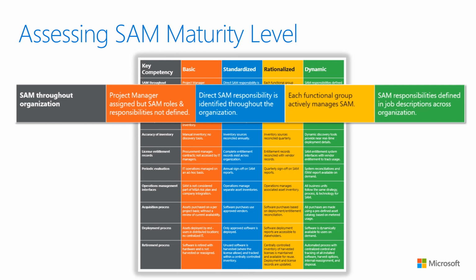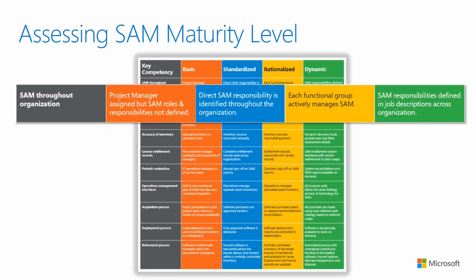Asking the key questions and using this table means that a partner can assess an organisation's SAM maturity for each of the competencies. If there is a mixture of basic and standardised levels identified, the first priority should be to take the competencies at the basic level to the standardised level. Part of the final deliverables of the SAM engagement will be how to plan to increase the SAM maturity.